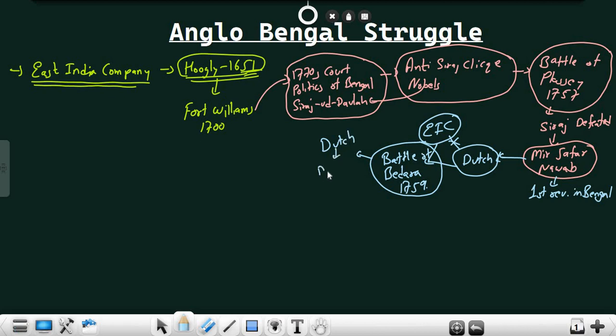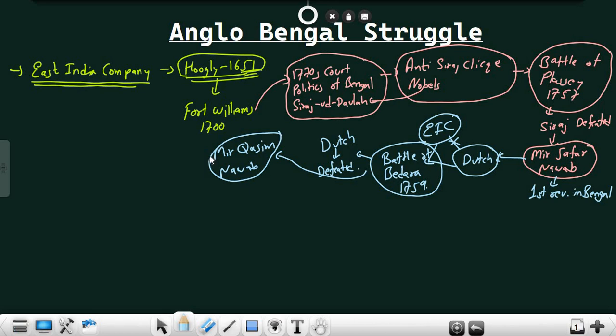The Dutch were defeated, and Mir Jafar was thrown out as Nawab of Bengal. After him, the British made Mir Qasim the next Nawab of Bengal.